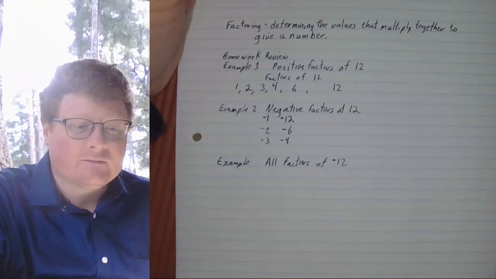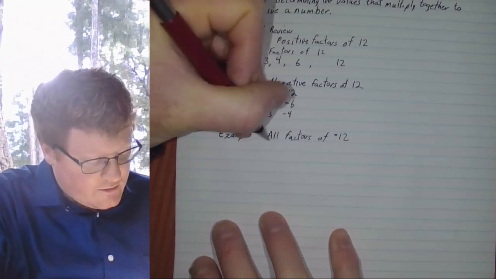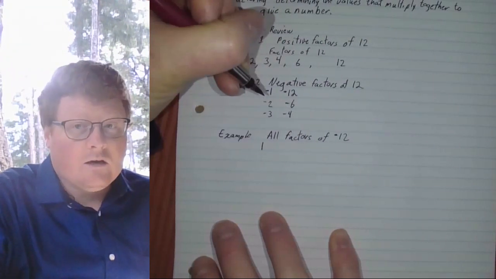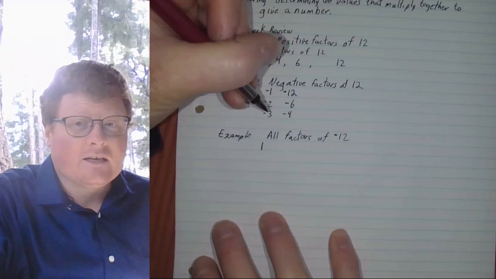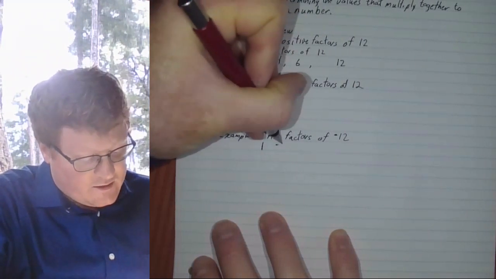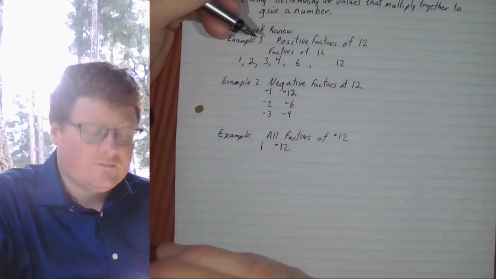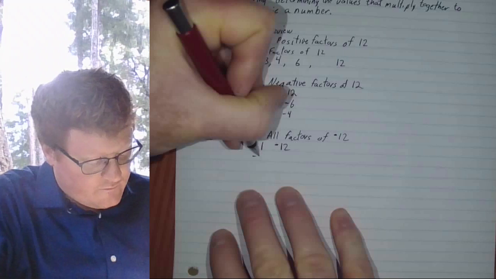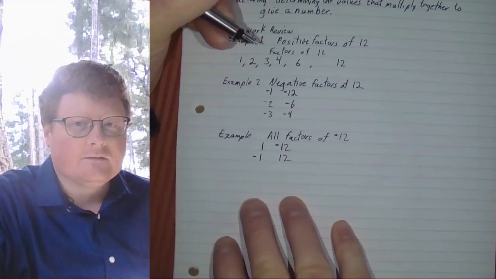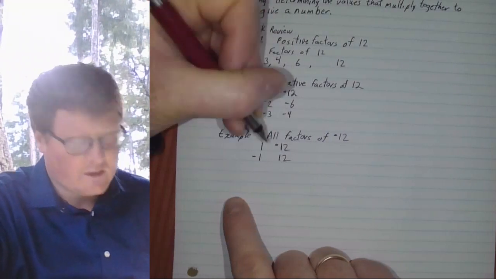So what can I multiply together? Well, I know a positive times a negative is a negative. So if I have a positive 1, I need to multiply it by a negative 12. Now this is a case where you can do the inverse: a negative 1 times a positive 12. These are the two options, using 1 as a factor.